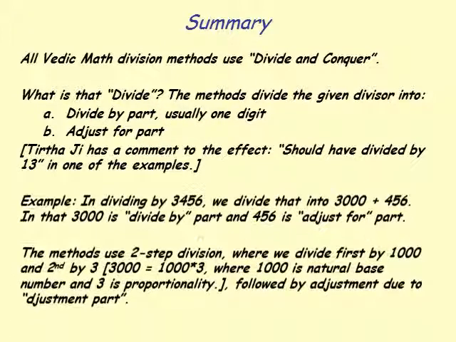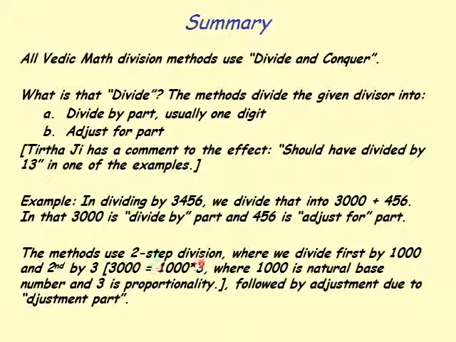Let's continue here. For example, in dividing by 3456, we divide that into 3000 plus 456. In that, 3000 is the divide-by part and 456 is the adjust-for part.